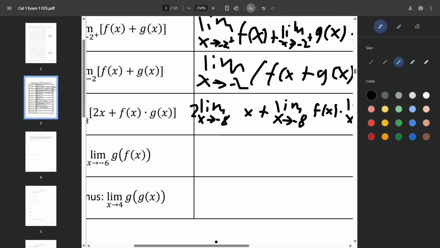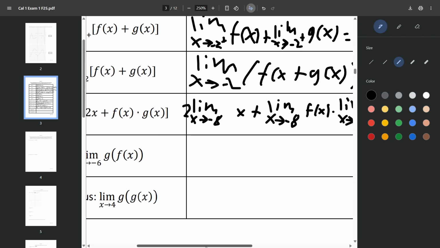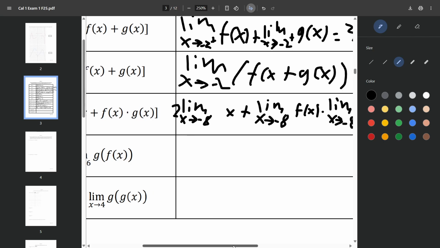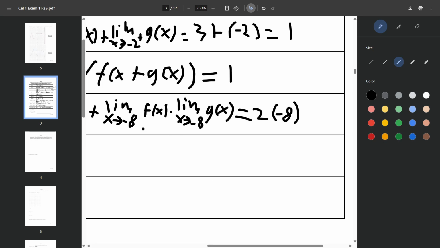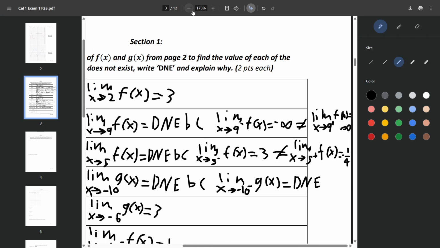Since our point is negative 8, our first part will be 2 times negative 8. That is as simple as that. You just need to plug in what x is approaching for this part of the equation. The other two we will do as we did before. We will look at our graph and see what the limit equals at that point.